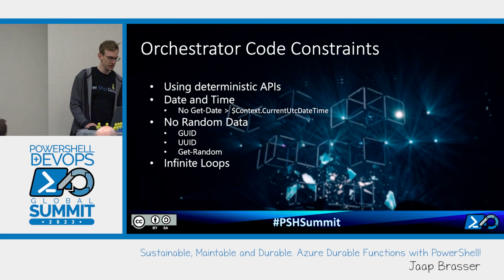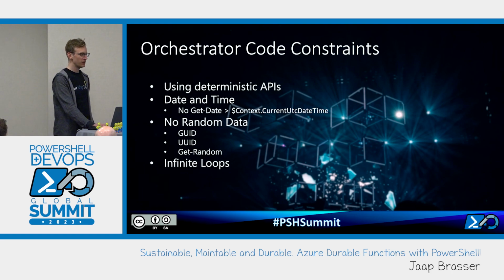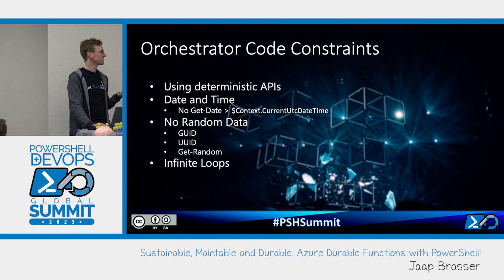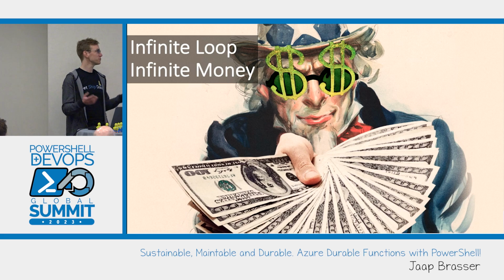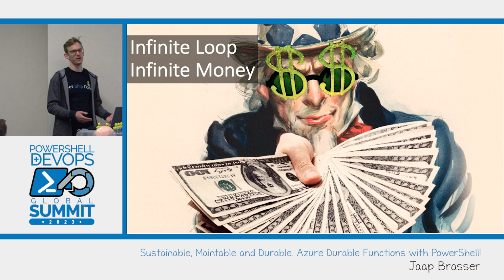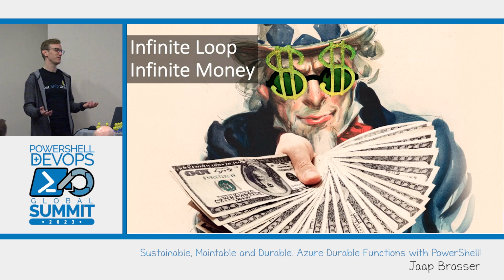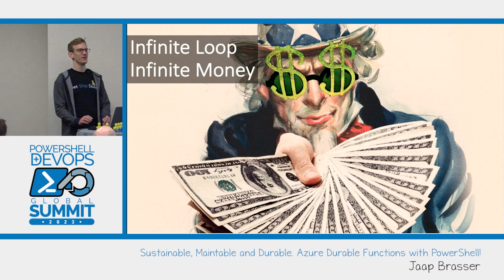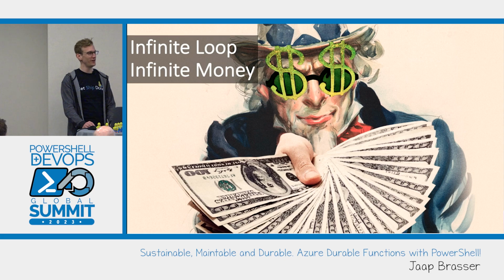The last one is infinite loops. Also a bad idea. Can be a good idea depending on what you're trying to achieve. But infinite loops in some scenarios means infinite money, but unfortunately not infinite money for us, but infinite money for Microsoft. So try to avoid accidental infinite loops.